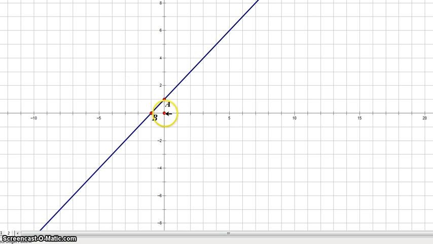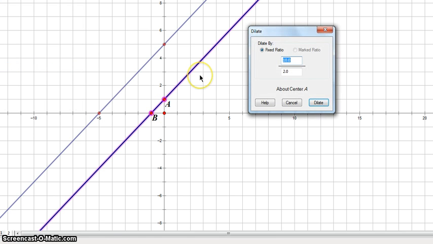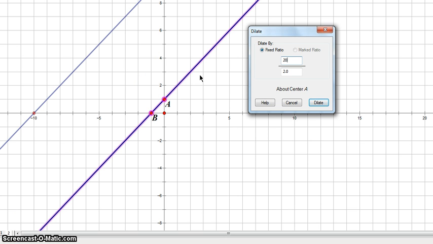There we go. So no matter how I dilate this, there's a scale factor of 5. Here's a scale factor of 10. You can't see it very well. Here's a scale factor of negative 3.5. That's negative 7 over 2, which is negative 3.5. Scale factor of negative 1/2.